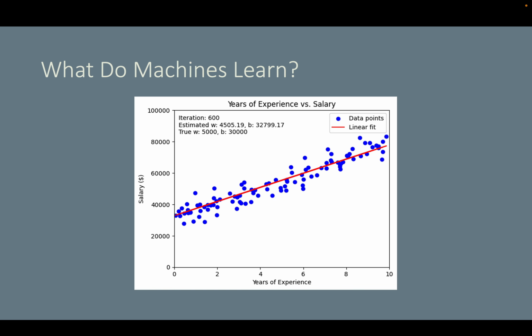We've already seen how a machine can learn the relationship between years of experience and salary. But in reality, salary is influenced by many factors, not just experience. For example, someone with a higher education level, like a master's degree or a PhD degree, may earn even more if they have the same years of experience as someone else.